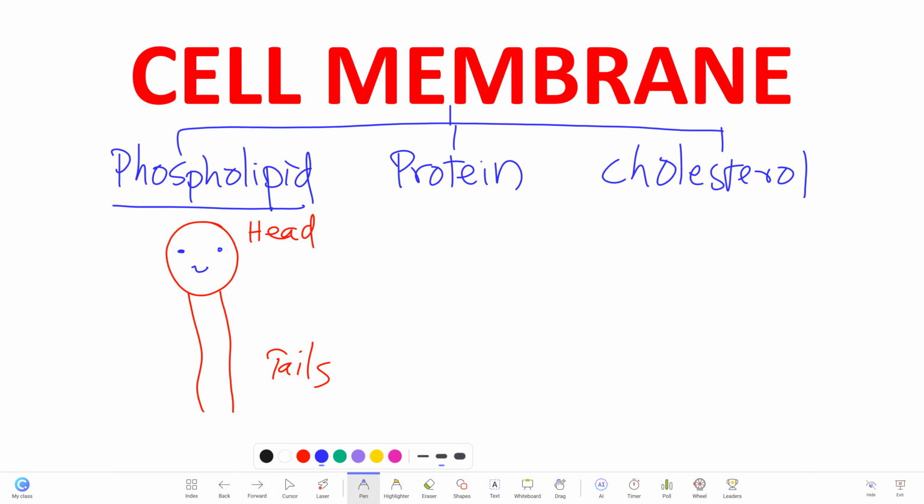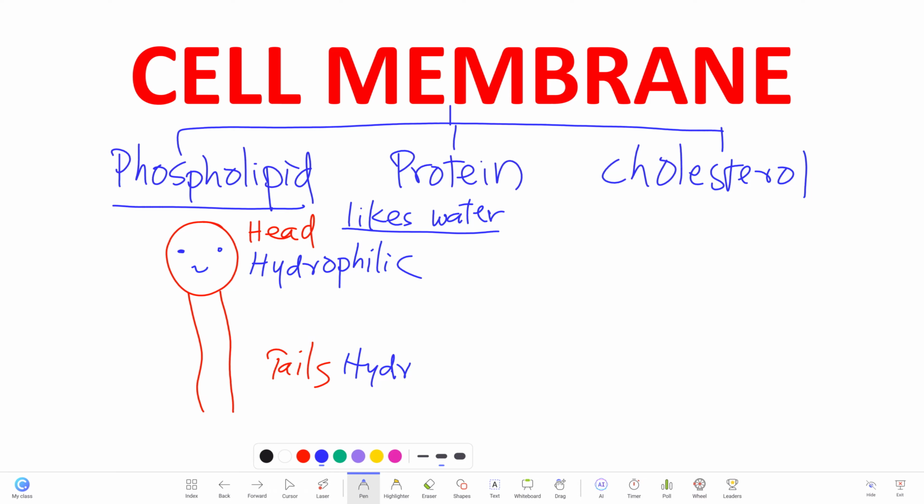Okay. So it keeps sticking to the water. So it's called hydrophilic. Means it likes water. Head likes water, right? But the tails hate water. Okay, it's called hydrophobic. This you did in chemistry? Yes. So it's called hydrophobic.